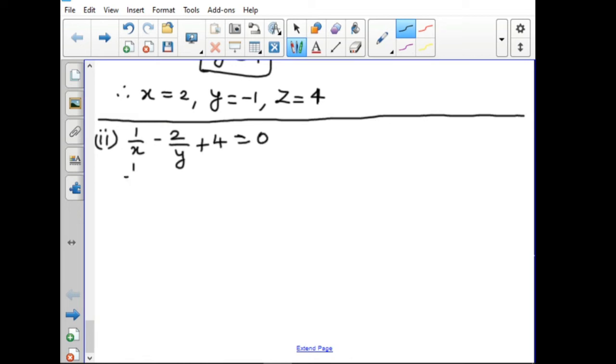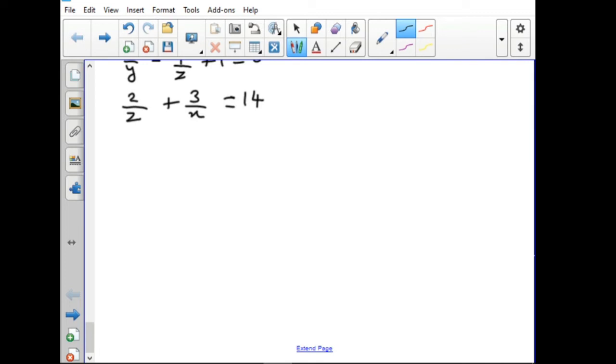Second one: 1 by y minus 1 by z plus 1 equal to 0. Third one: 2 by z plus 3 by x equal to 14.